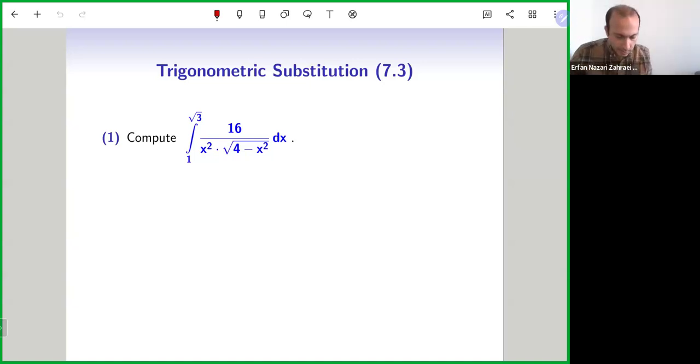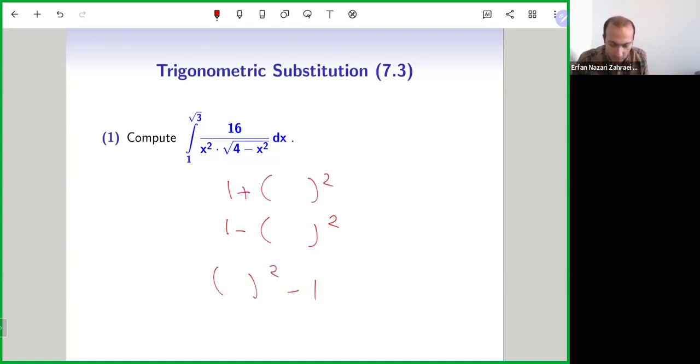I look at this. The term that grabbed my attention is, more particularly, this term. It's a number minus something squared. Which of the identities is 1 minus something squared? Of those three identities, one of them is 1 minus something squared, the other one is 1 plus something squared, the other one is something squared minus 1. So which of them is 1 minus something squared? That was 1 minus sine squared is cos squared.